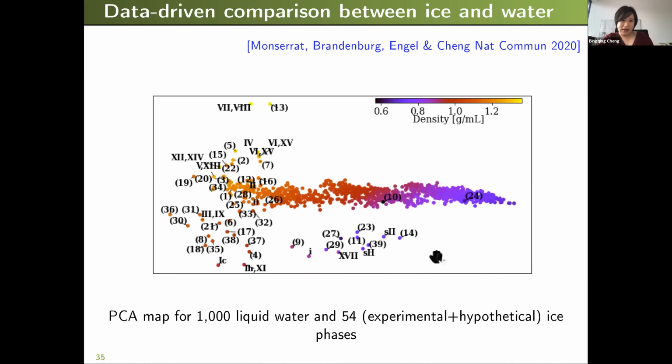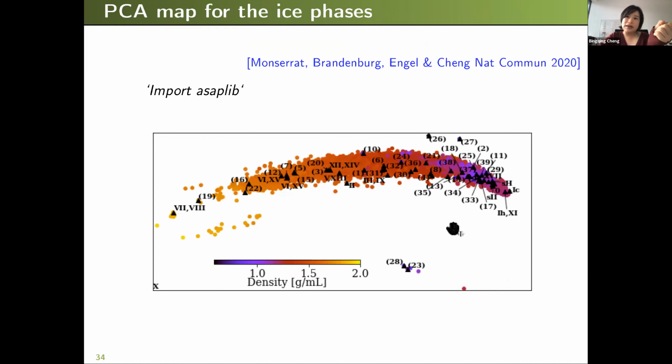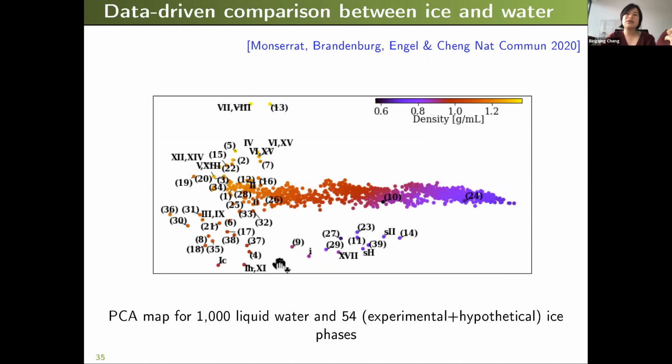But the point here is that we take the promising ice candidates out there, which include all the experimentally confirmed ice phases, plus more hypothetical ones. So that's 54 ice phases.